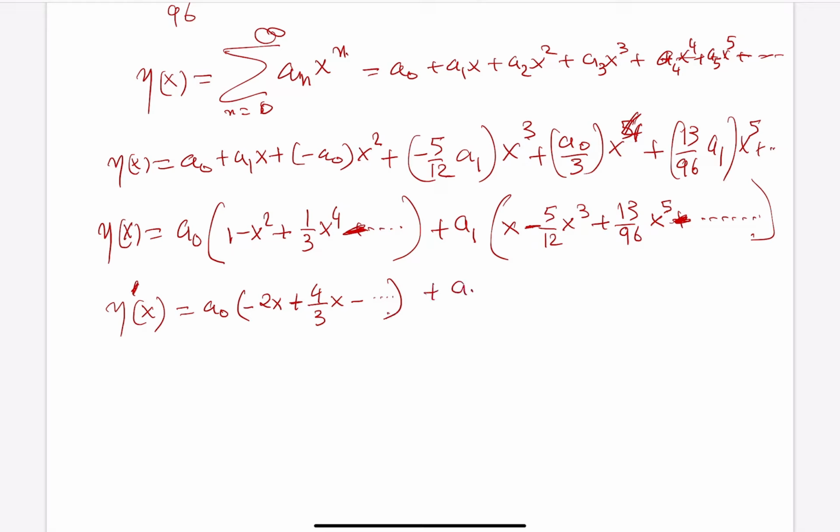And here you have a1 parentheses 1 minus, 3 cancels out with the 12, it will become 5 over 4 x squared, and then plus 13 times 5 divided by 96 x to the 4 and so on.